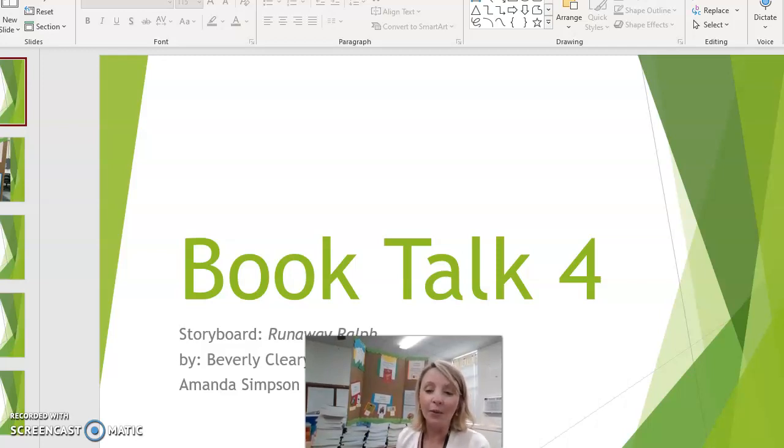So I chose Runaway Ralph because it is just a fun book for your middle schoolers to read. I would definitely use this in fourth, fifth grade. I would probably include it as some enrichment piece for third grade, especially for third grade gifted. I like Beverly Cleary. It's great vocabulary.